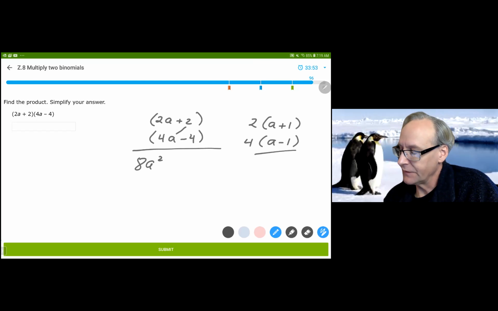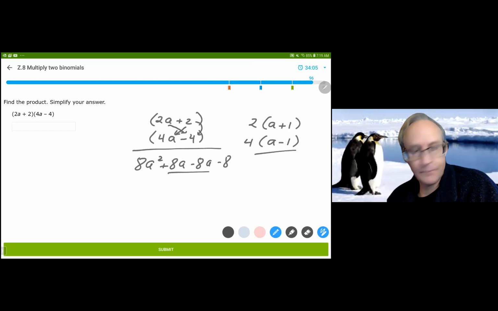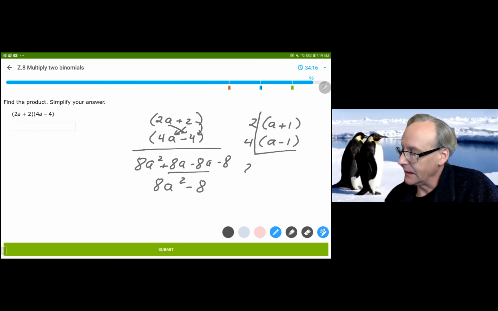Our middle terms are 8a and minus 8a. And our last terms are minus 8. Notice that gives us a 0 right there. So I get 8a squared minus 8. Notice that if I multiply these two, I get 8.